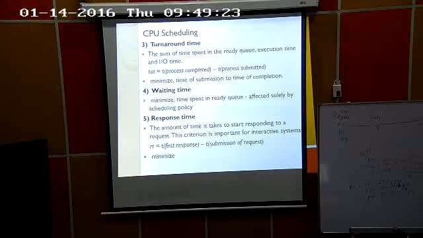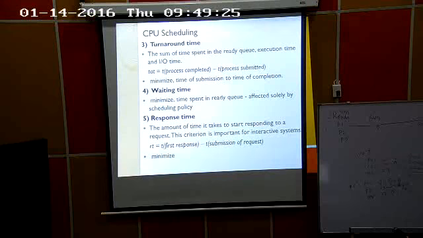Why is it important to know response time? At least the developer or the programmer can estimate which type of algorithm suits a server.